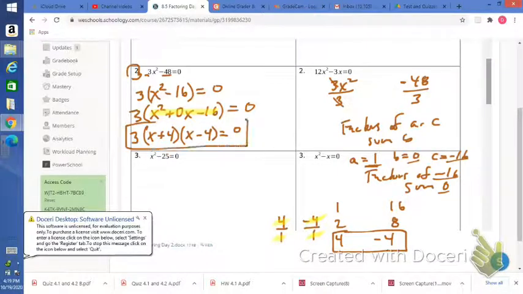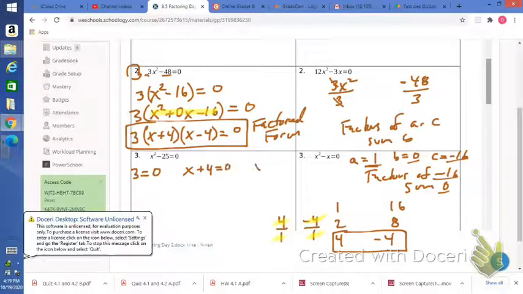So this right here is the equation written in factored form. Now I want to find the solutions, so you set each factor equal to 0 and solve.